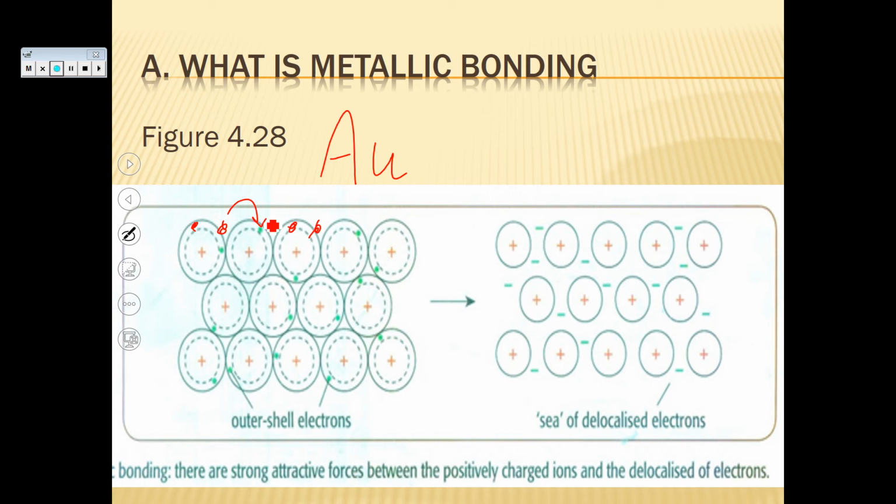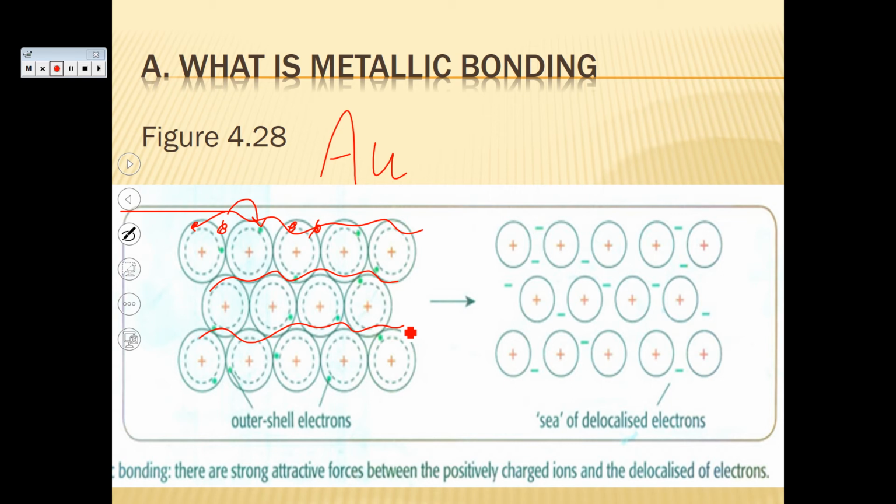So basically, all of the valence electrons from gold are constantly being lost and gained on the outside shells of the gold atoms. Because the gold atoms are losing those electrons and simultaneously gaining them, we say that in metallic bonding, we have these positive cations or positive metal ions because they are temporarily charged because they're losing electrons, that are within what they call a sea of delocalized electrons.